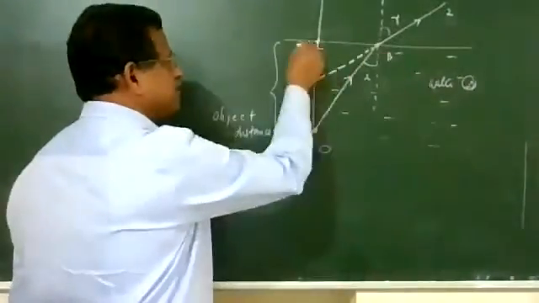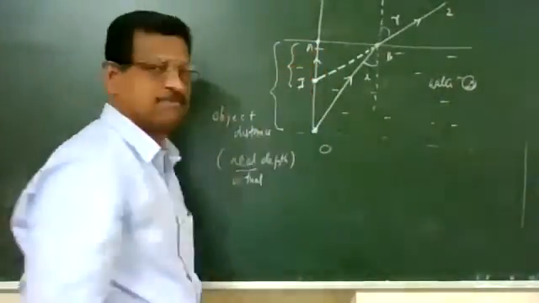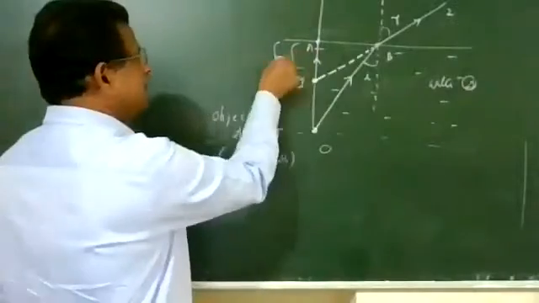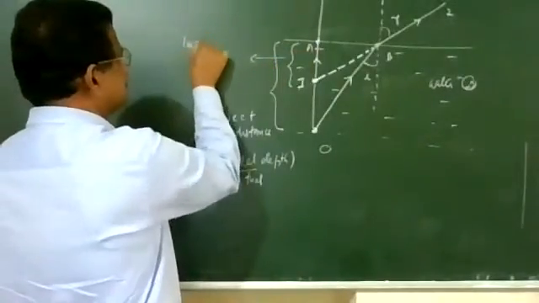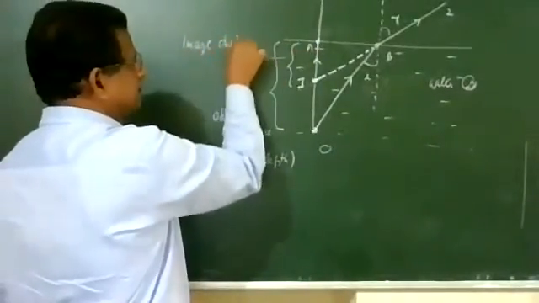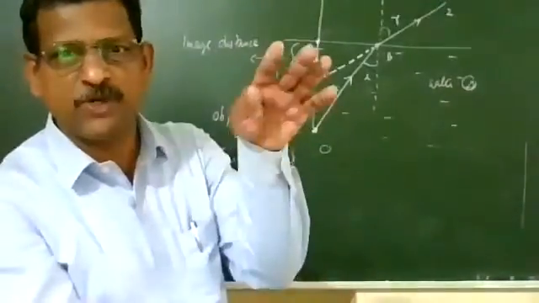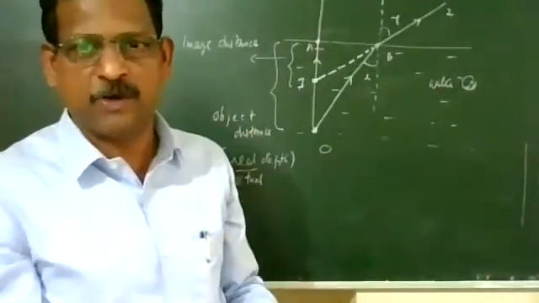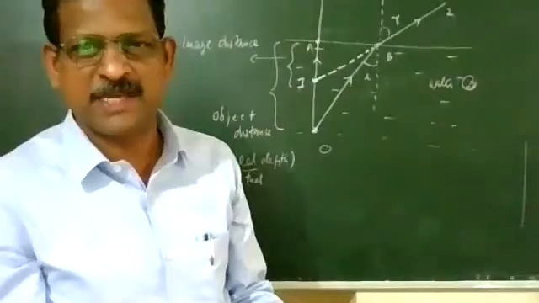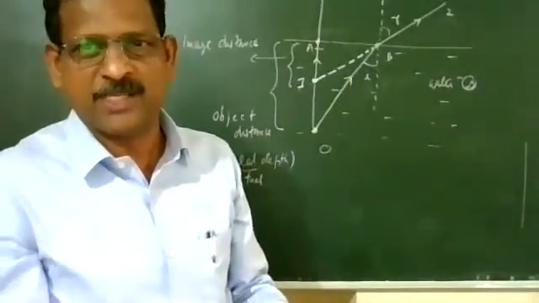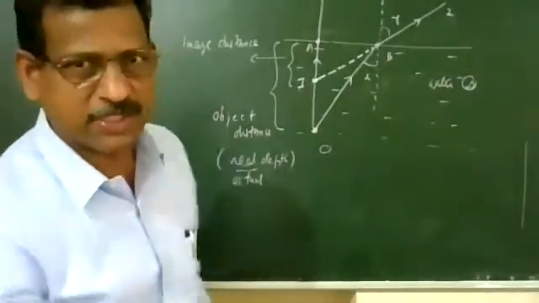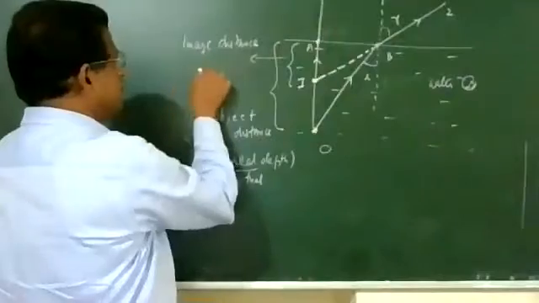Where is the image? From here to here, this is the image, so this will be your image distance. The image distance shows where the position of the object appears to be now, so we call this the apparent depth.